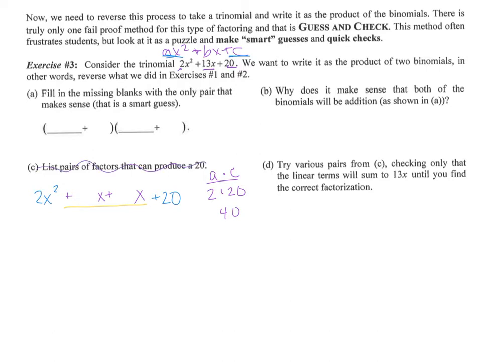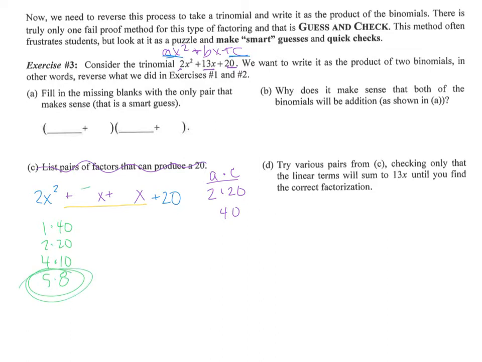What multiplies to equal 40 is 1 times 40, 2 times 20, 4 times 10, 5 times 8. But which ones can also add to equal 13? The two that can add to equal 13 are 5 and 8.